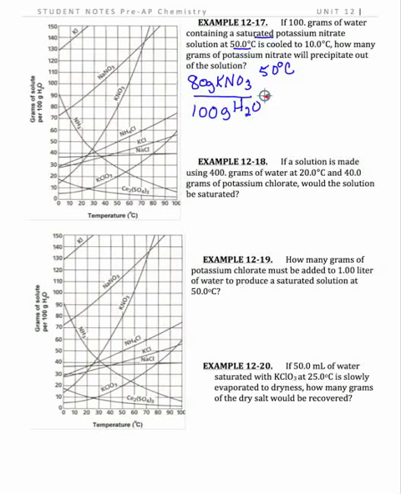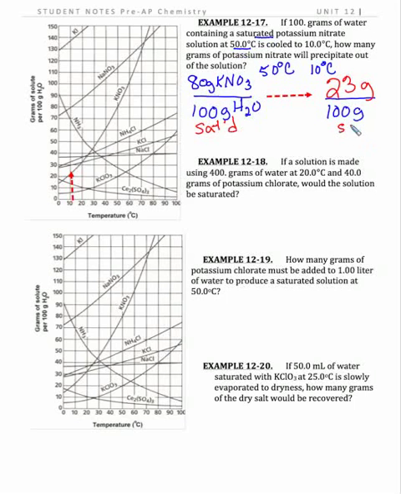Now, this time, instead of changing the temperature, changing the amount of solvent, we're still looking at 100 grams, but we went down to 10 degrees Celsius. So at 10 degrees Celsius, so we go 10 degrees up to my potassium nitrate. Make sure you're reading the right salt. I get about 22 or 23 grams will stay saturated.